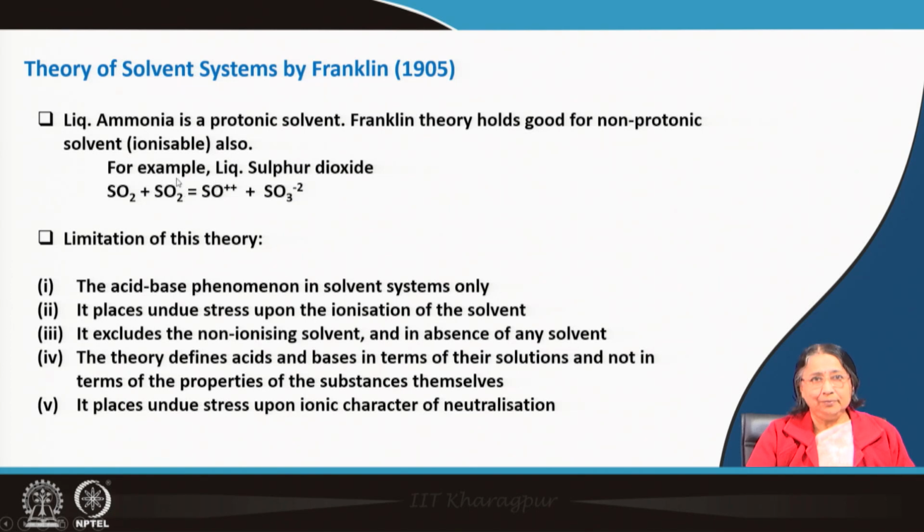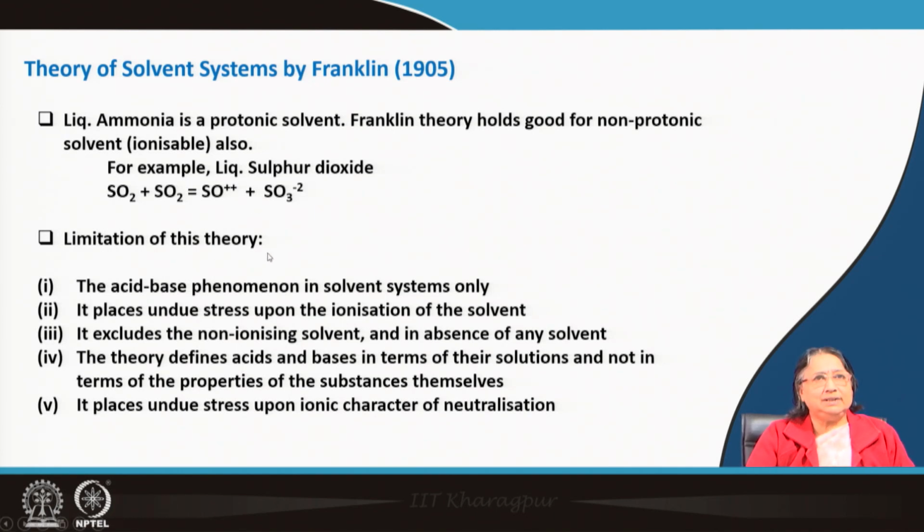Something which gives the cationic part of sulfur dioxide, that is the thionyl group, will be an acid, and something which gives in liquid sulfur dioxide the sulphite ion, that is nothing but SO3 minus 2, will be called a base.